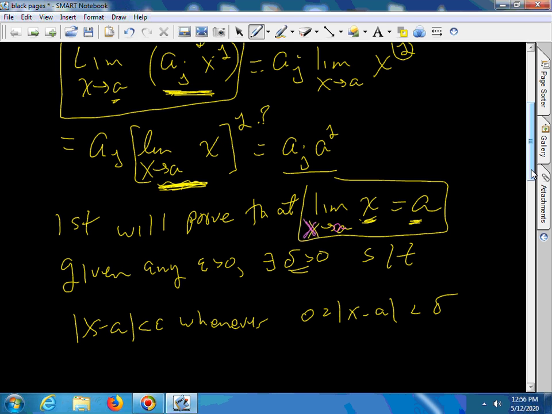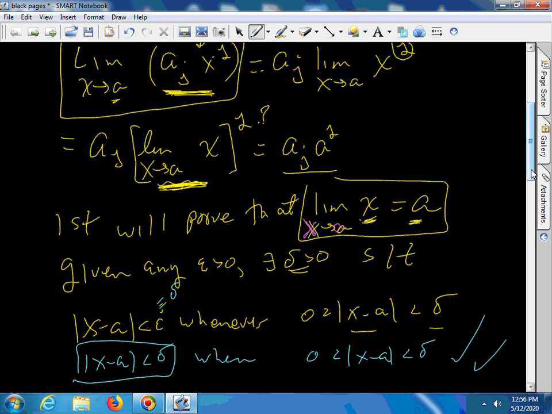But this one is pretty simple. If I say epsilon is equal to delta, then this really says the absolute value of x minus a is less than delta whenever the absolute value of x minus a is less than delta. And of course that's true.